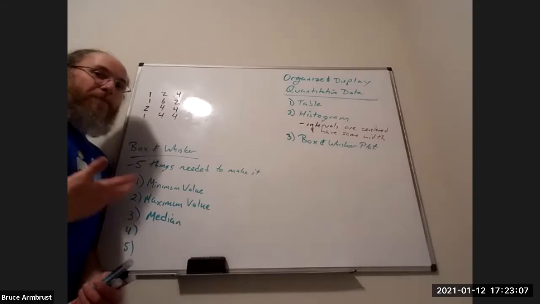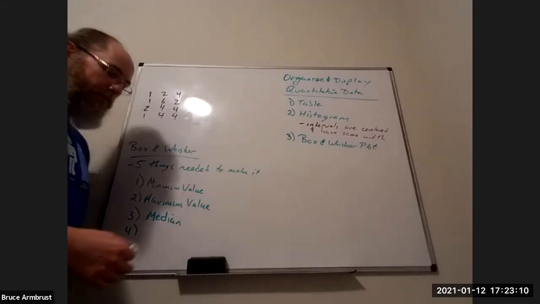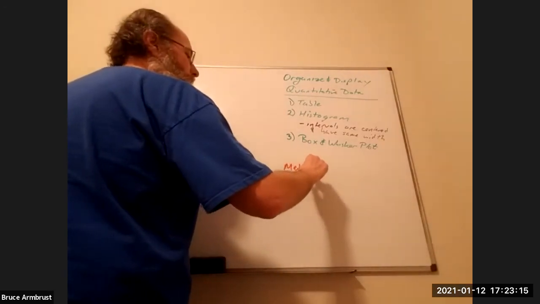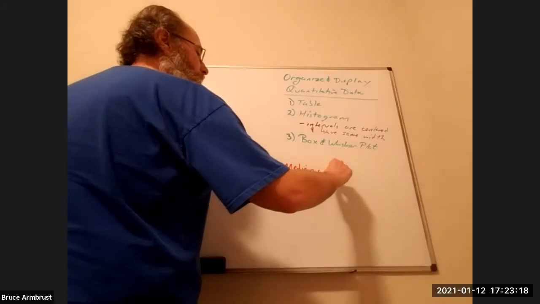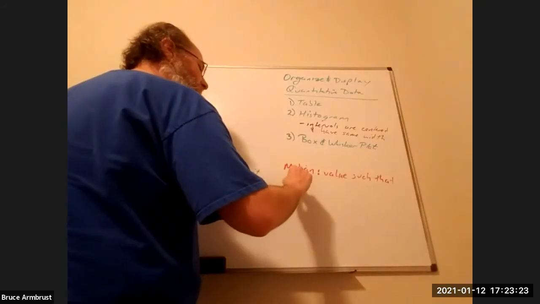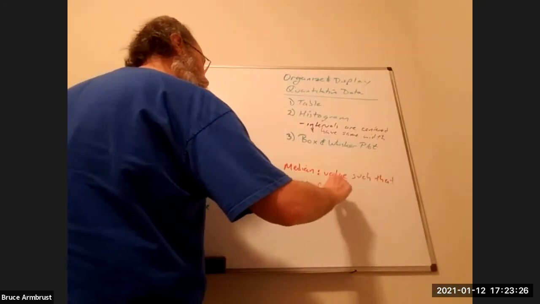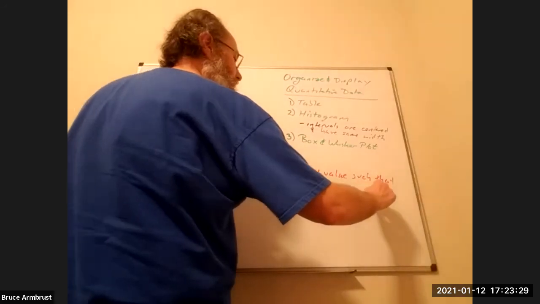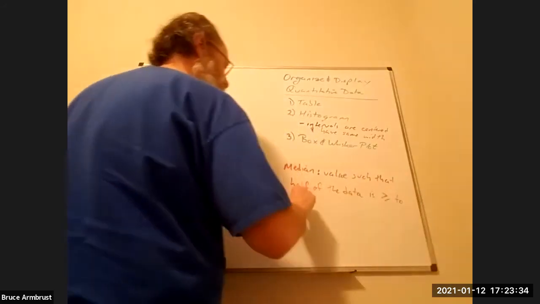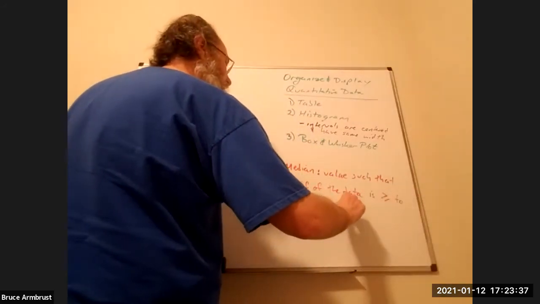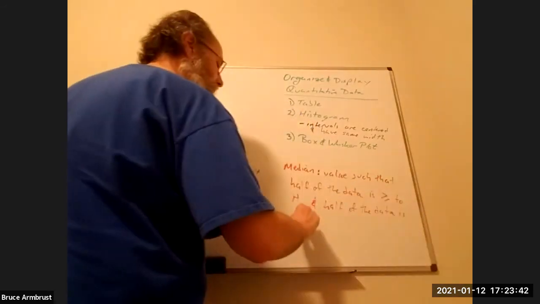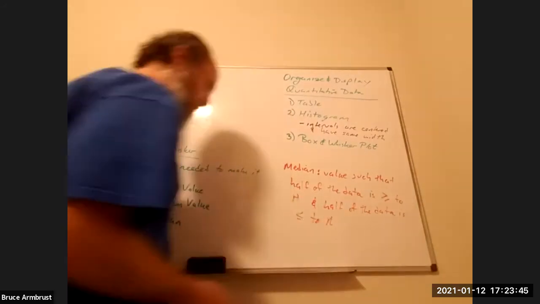All right, so the median. What's a median? The mean we saw was the average. The median is the value such that half of the data is greater than or equal to it, and half of the data is less than or equal to it.